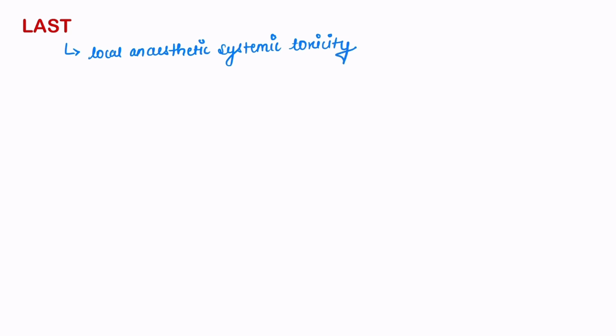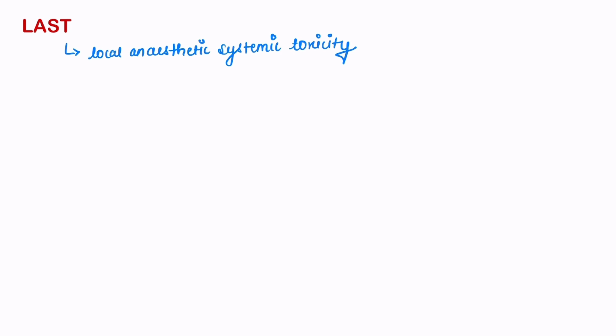Next, we are going to see about LAST. LAST stands for local anesthetic systemic toxicity. The local anesthetic systemic toxicity is a rare but potentially life-threatening complication that can occur when local anesthetics are administered in excessive amounts or accidentally injected into the blood vessel.